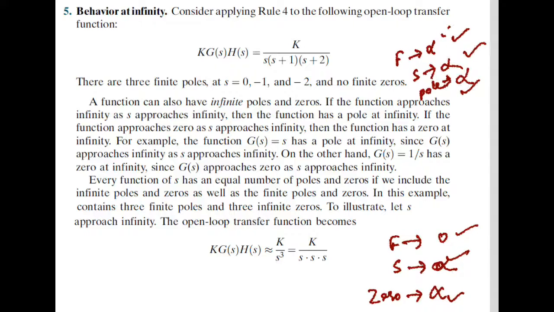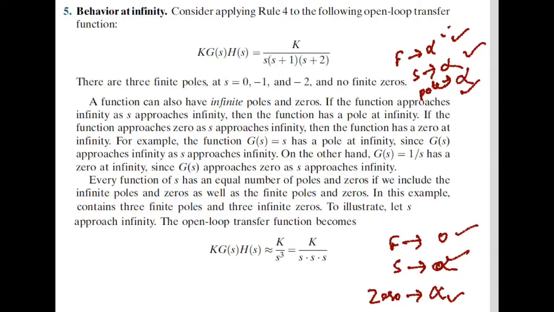So in this case, let s approach infinity. Now let us take this function. Instead of using s plus 1 and s plus 2, let us suppose that we have s cube in this case. So it is approximated as K divided by s cube, K divided by s into s into s.